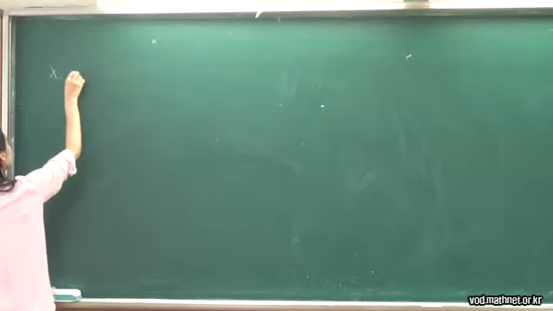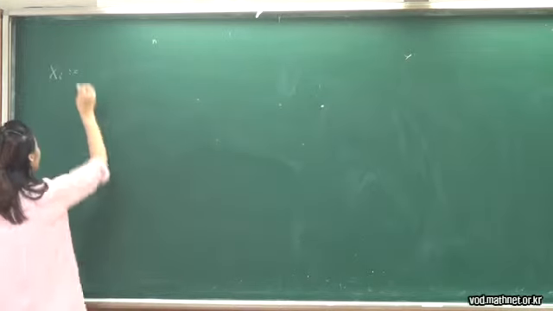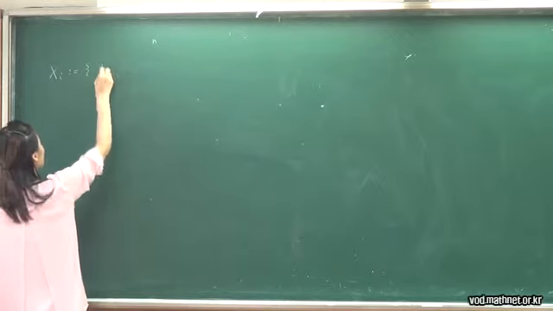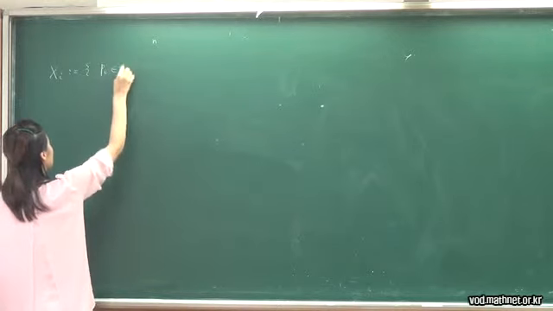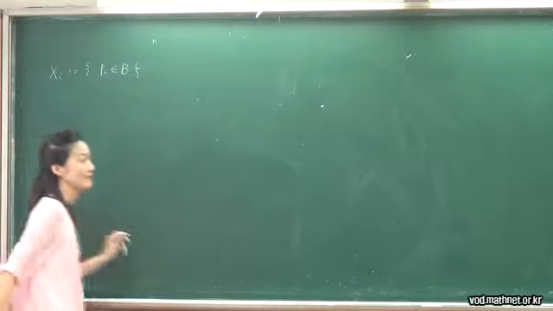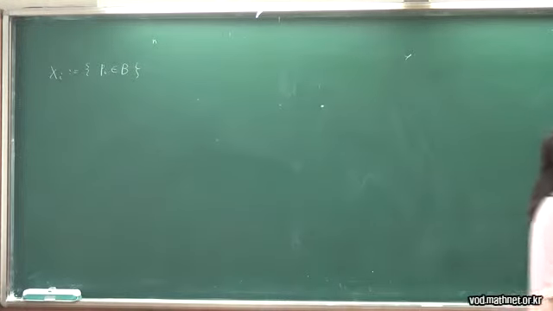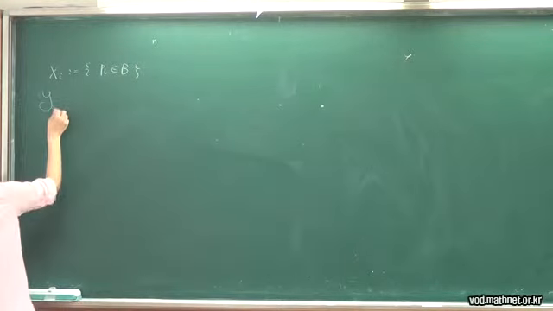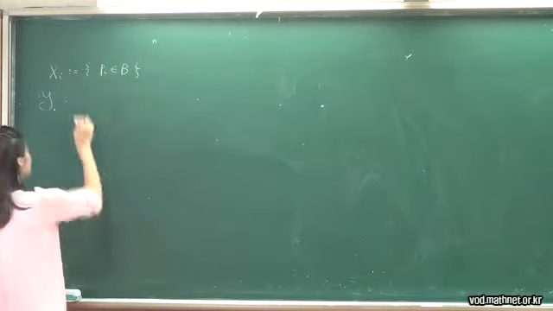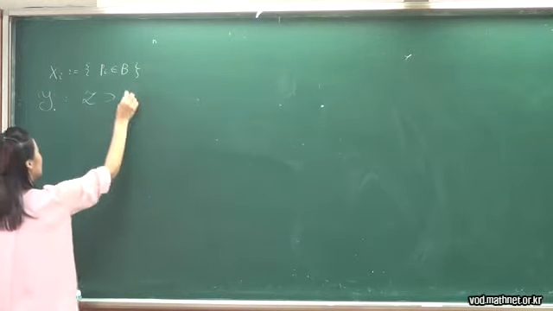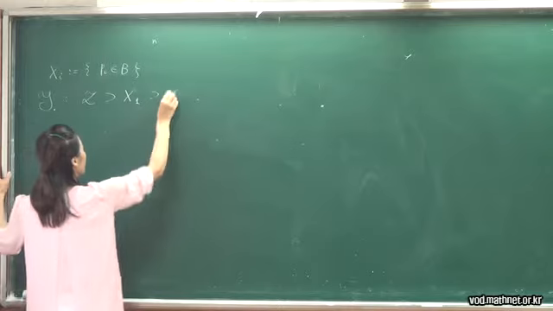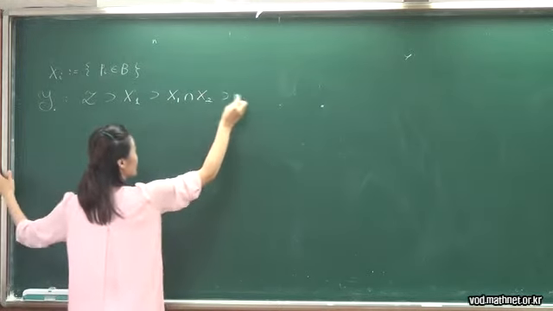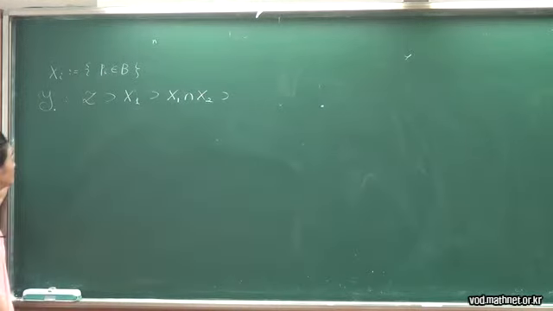We need a notation: xi is a subvariety of script Z, defined by the condition that the ith coordinate is in B. I'm just putting the coordinate system here. This flag of subvarieties starts from Z, and you have x1 intersecting with x2 and keep going.